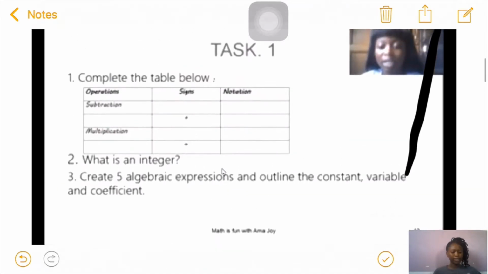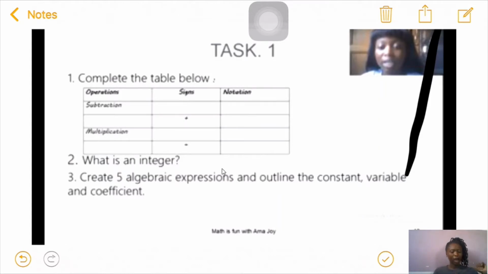Okay, so for the first assignment, task 1, we're asked to complete the table below. In the table, we had a column for operations, signs of operations, and the notation. So I asked you to fill the table. So we had subtraction, the sign is the minus sign, the notation is difference of, difference between.